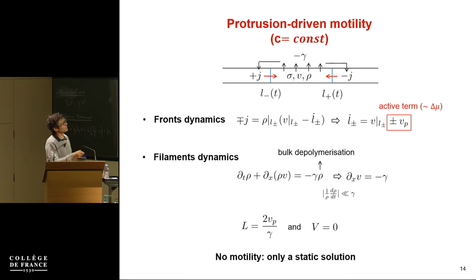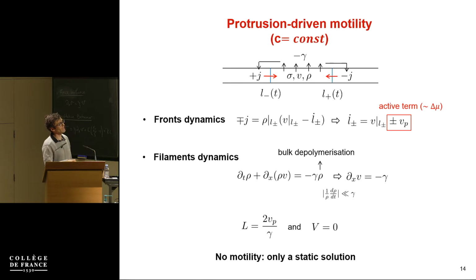Now I will consider the following setting, which is completely symmetric, where there is a polymerizing mass flux at both sides, completely symmetric, and a depolymerization in the bulk. So here is the mass flux condition that I have. And here is the conservation of mass within the bulk, where I've taken a bulk depolymerization which is proportional to the actin density.